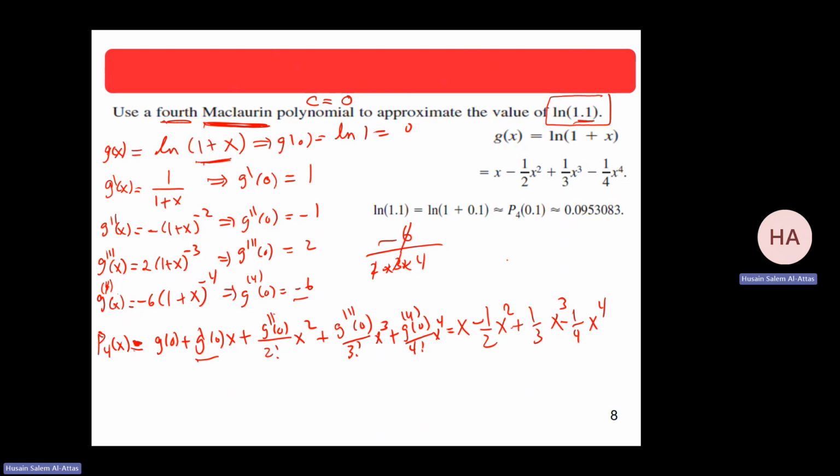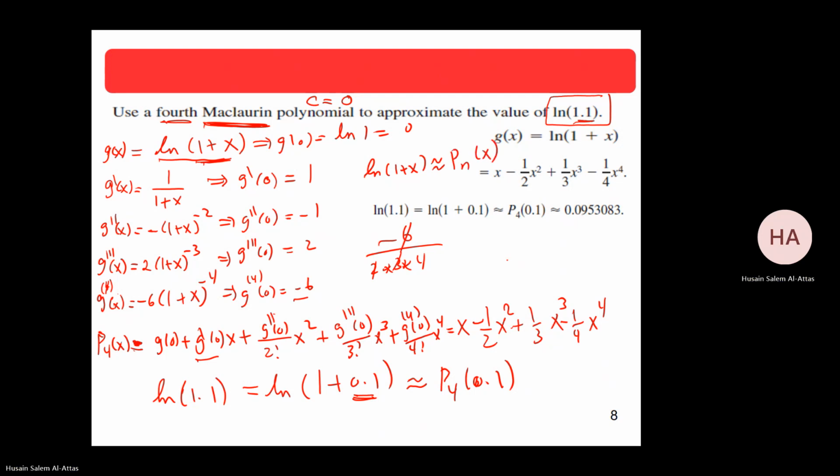What they want, you want me to approximate ln 1.1, which I can make it ln 1 plus 0.1, because I'm using this function, ln 1 plus x. So my x is 0.1. So this is approximated with P4 at 0.1, because I'm approximating this function. ln 1 plus x, I can approximate it using Pn of x.